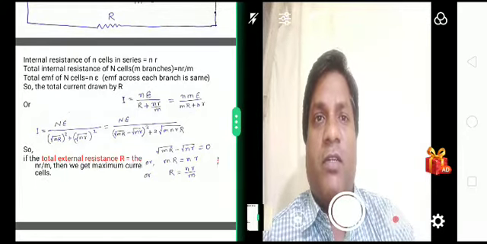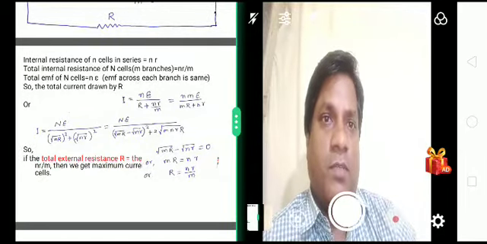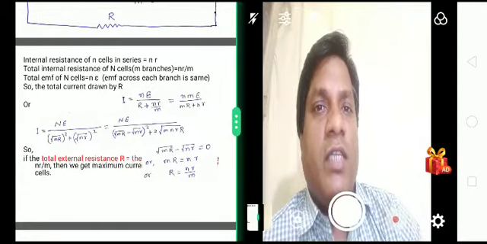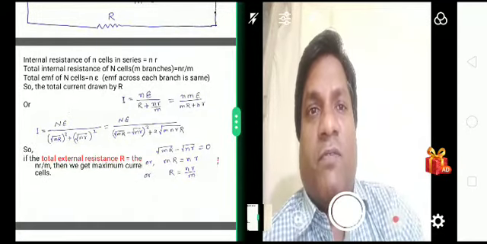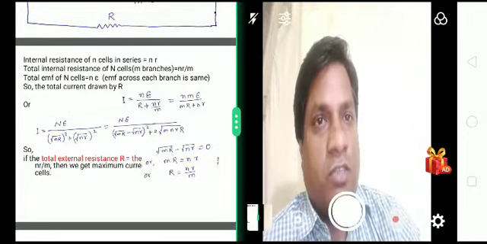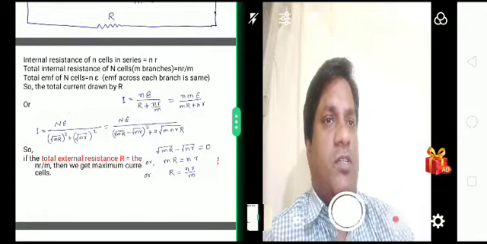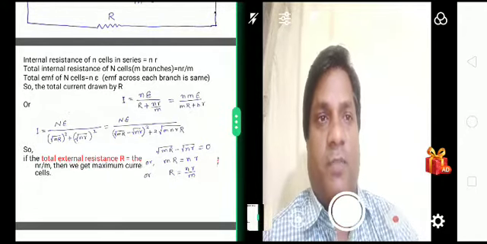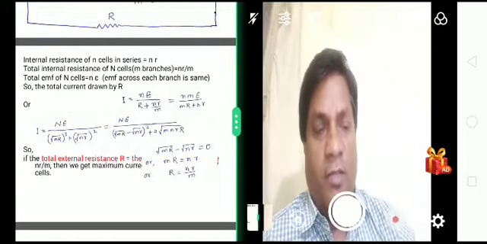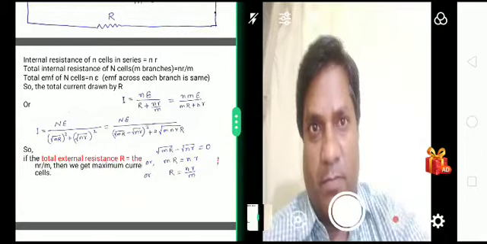So if the external resistance connected across the combination of cells is equal to the equivalent internal resistance of all the cells in the combination, then under such a condition maximum current can be obtained from the cells. So this is the condition for obtaining maximum current from the grouping. So while grouping the cells, we keep this factor in mind.